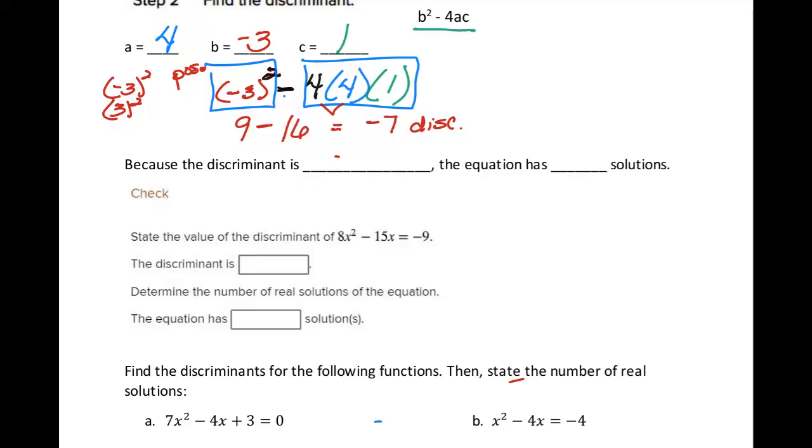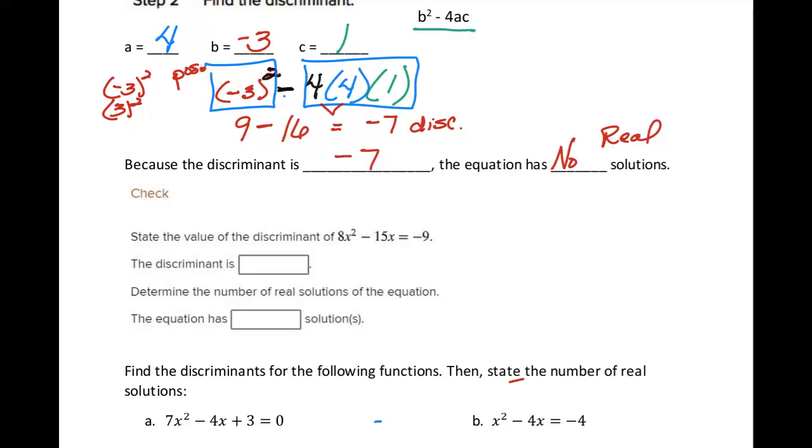Because the discriminant is negative 7, it has no real solutions. That means it's a parabola and it is not going to cross the x-axis. 0 solutions. I don't like saying 0. I'd rather say no real solutions.